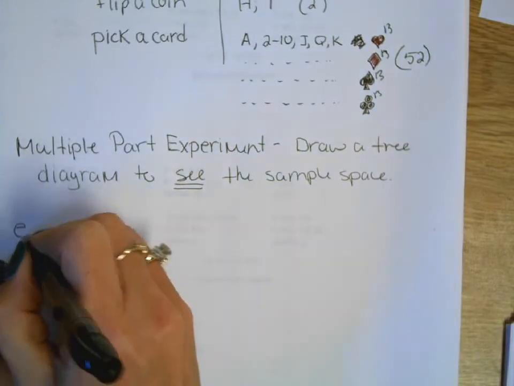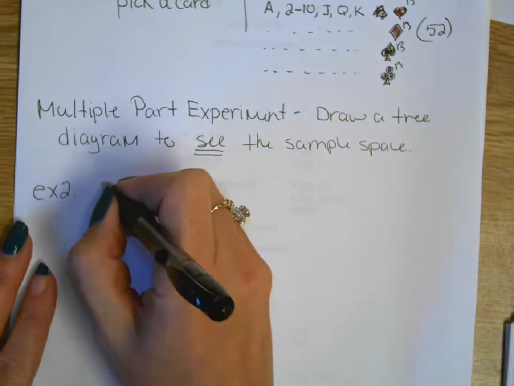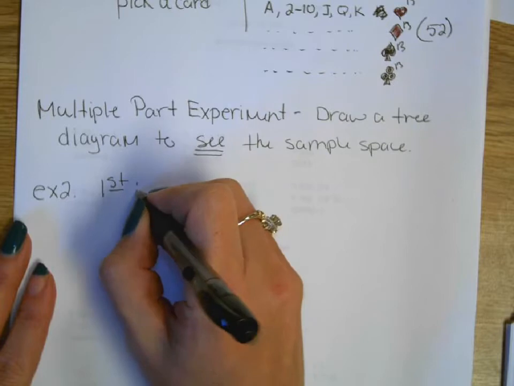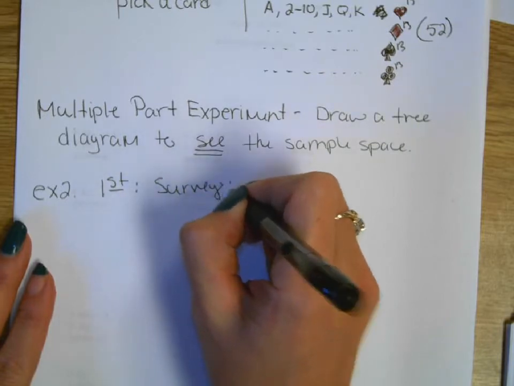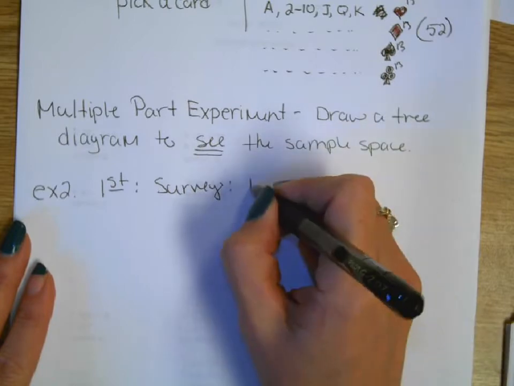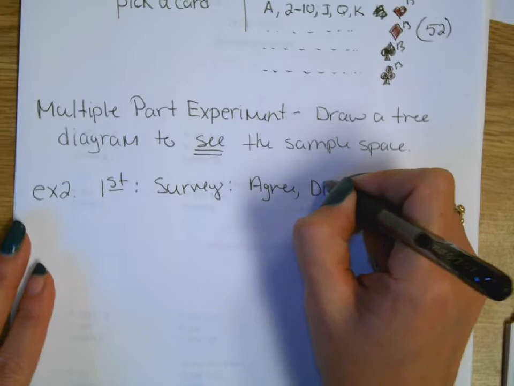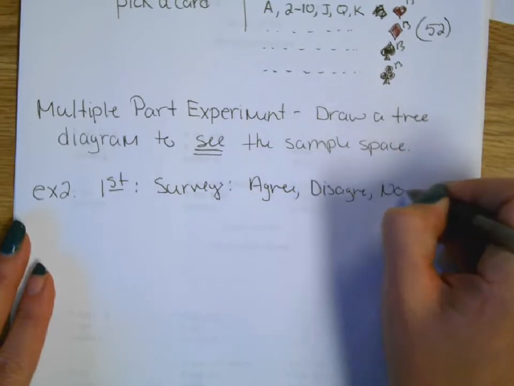So for our second example, we're going to do a multiple part experiment. The first part of your experiment is to give a survey to some randomly selected people. On your survey, the person is either going to answer, I agree with your statement, I disagree with your statement, or I have no opinion.